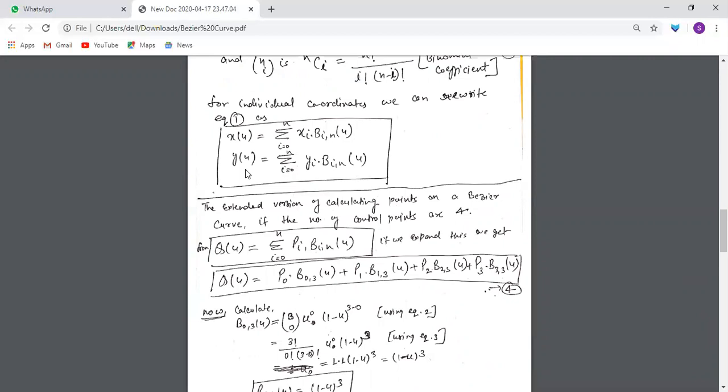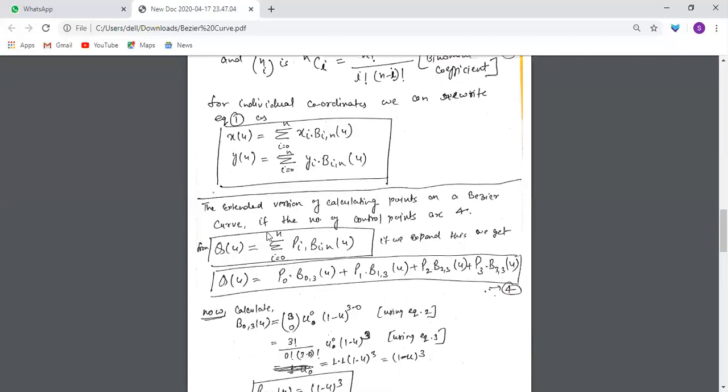So what will be the value of these x and y if the curve has degree 2 and if the curve has degree 3? First we will solve it for degree 3. That means, what will be the equation for the cubic Bezier curve?